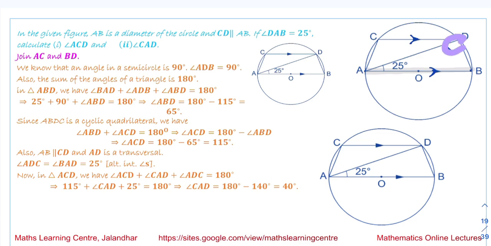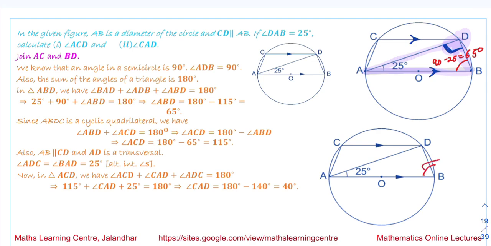Now in triangle ABD, this angle at B will be 90 minus 25, that is 65 degrees. Now this quadrilateral is a cyclic quadrilateral.